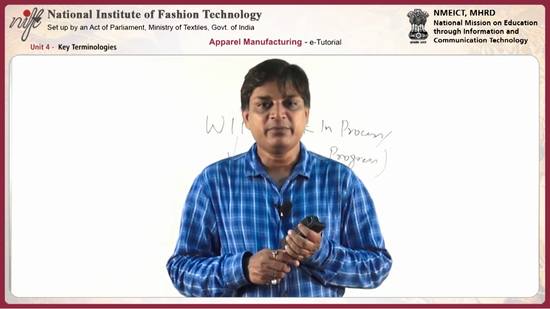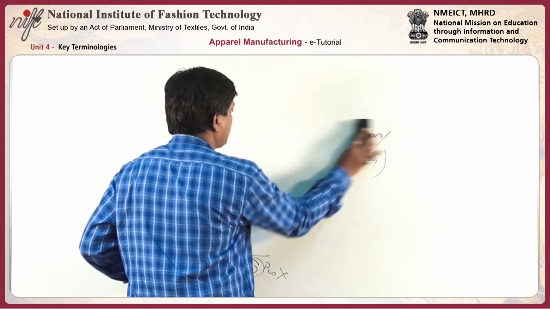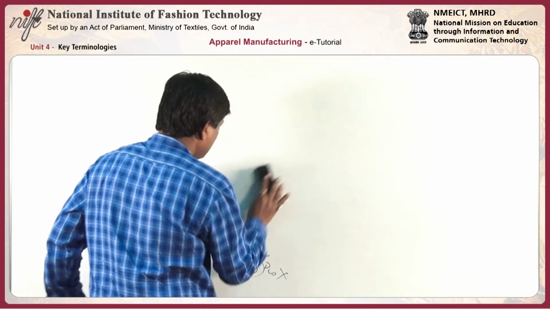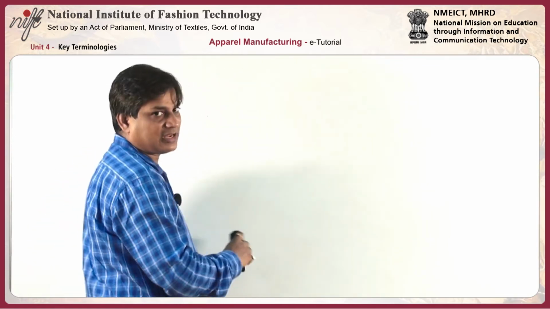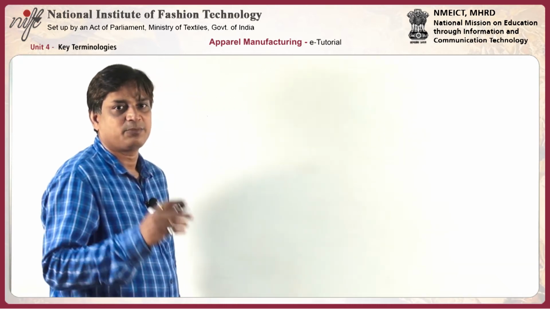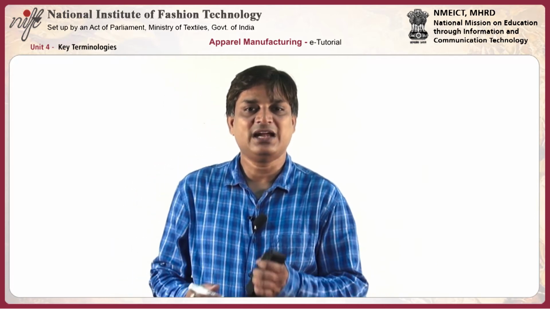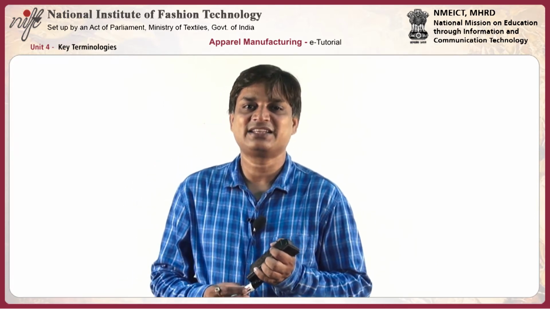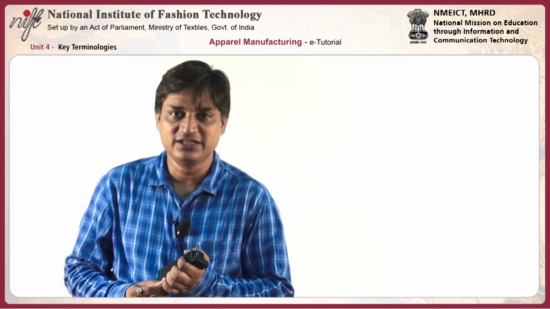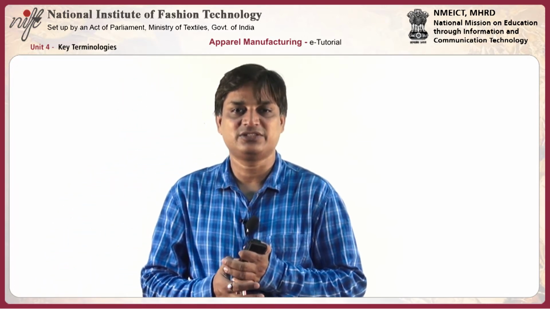WIP can be measured in units and in units of time. Suppose operation X takes 0.5 minutes per unit to process, and we have 5 bundles of 12 units each.